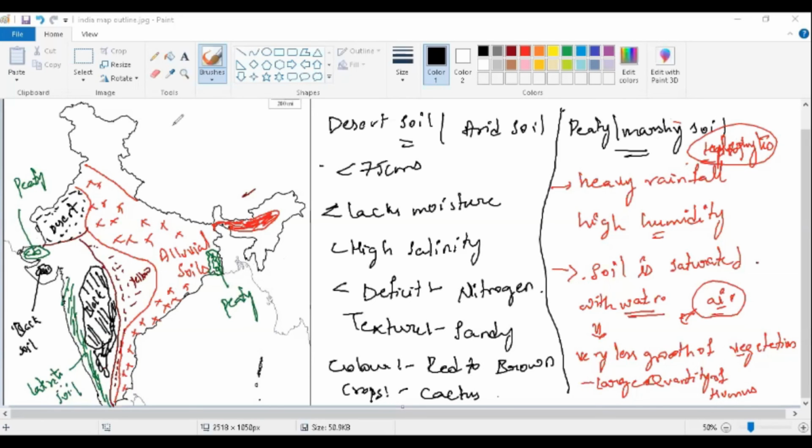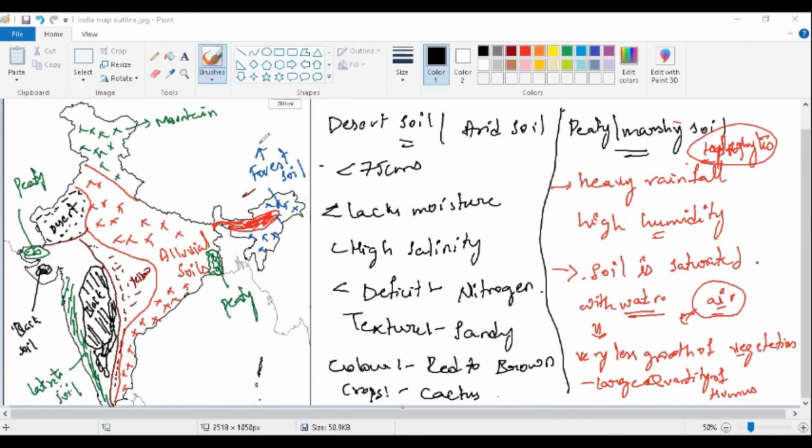Next comes mountain soil, this part, and you will have forest soil. Here you'll have a dense forest. There's not much of features of this to discuss.